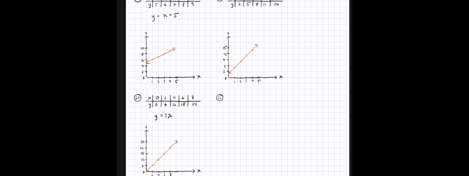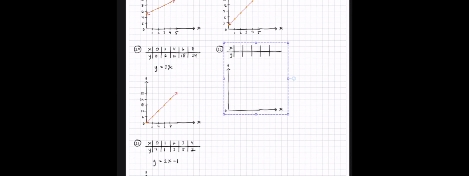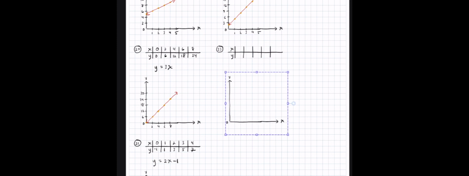Let's try 23. 23, let's throw a table in here. Cool. Leave space for an equation. 23, let's go with 0, 3, 6, 9, 12. And then for the y values for this one, let's go with 0, 1, 2, 3, 4. So it looks like each of the x's becomes smaller. They're divided by 3, but the same thing as dividing by 3 is timesing by 1/3.